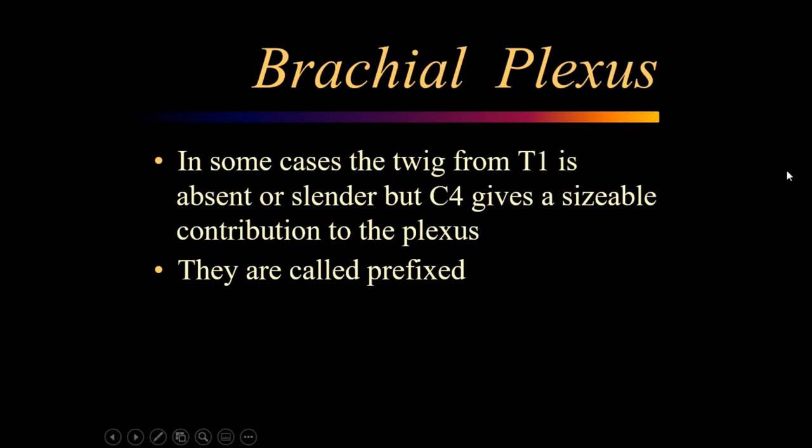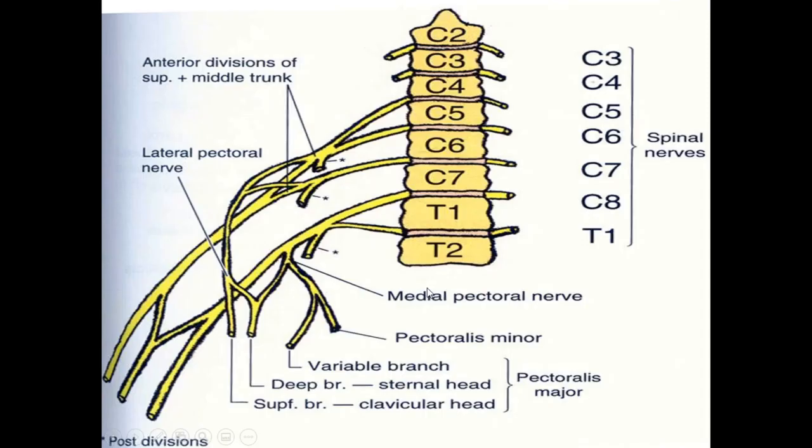But in some cases, the twig from T1 is absent. Then C4 gives a contribution. That type of plexus is called prefixed. So now you can understand, I think. So this is C5, C6, C7, C8 and T1. These are the anterior primary rami of the lower four cervical and upper one thoracic spinal nerve.